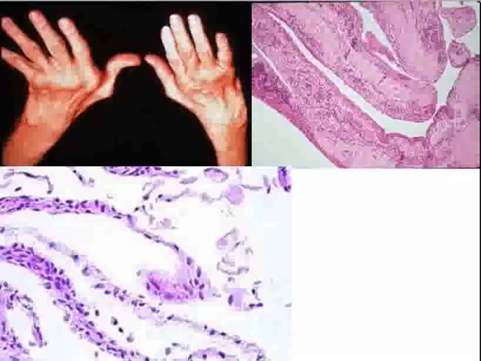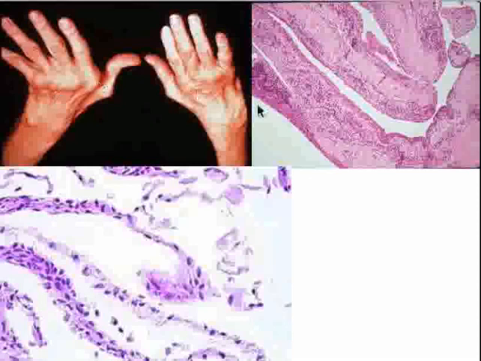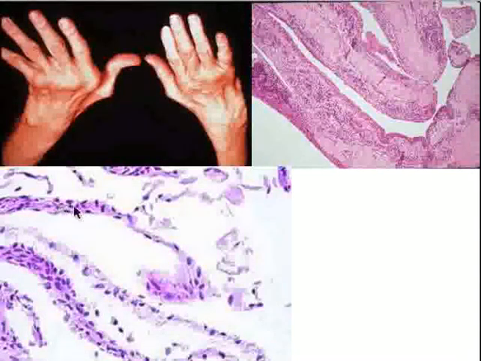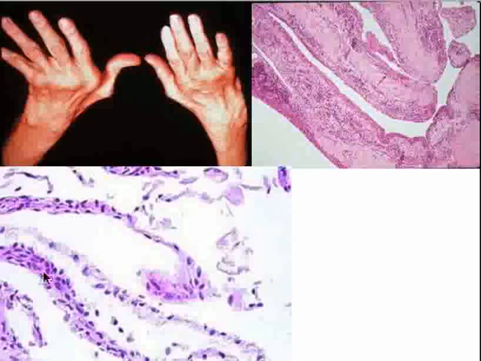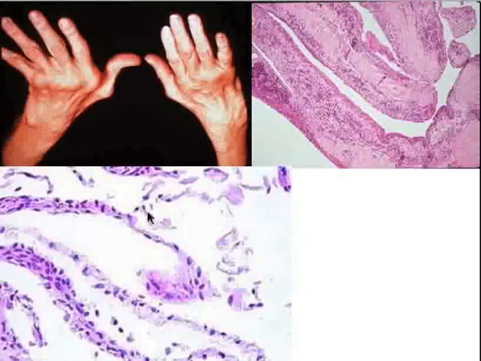In rheumatoid arthritis, we could see some ulnar deviation at the MP joints here, which is classical, and we'll get into the more specifics of the disease when we get into the chapter on bone and joints. If you look at the bottom here, this is a normal synovium. It's just a couple of cells thick, the synovial cells, macrophage-like cells, perhaps a little bit of connective tissue, very thin, very shiny synovial cells.